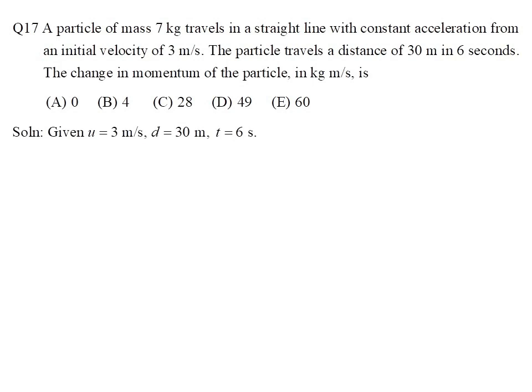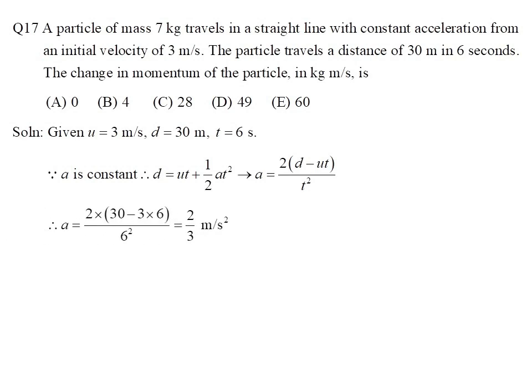According to the given criteria, the initial velocity is 3 meters per second, the distance traveled is 30 meters and it takes 6 seconds. Since the acceleration a is constant, we have the equation d equals ut plus at squared over 2 to calculate the acceleration a, which gives a equals 2 times (d minus ut) over t squared.